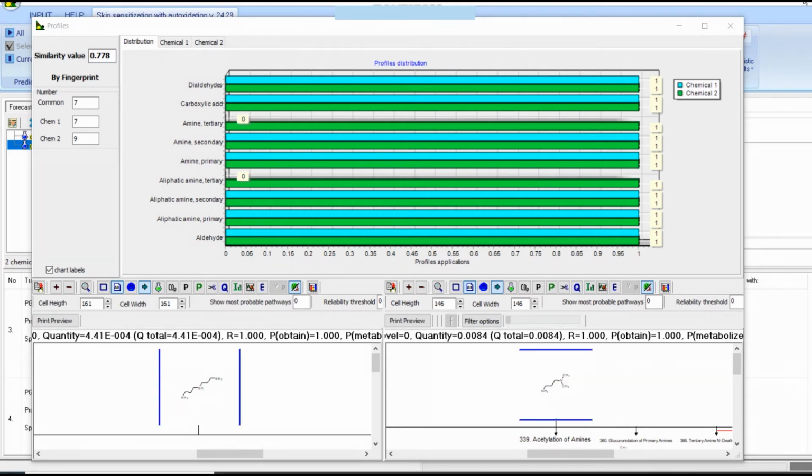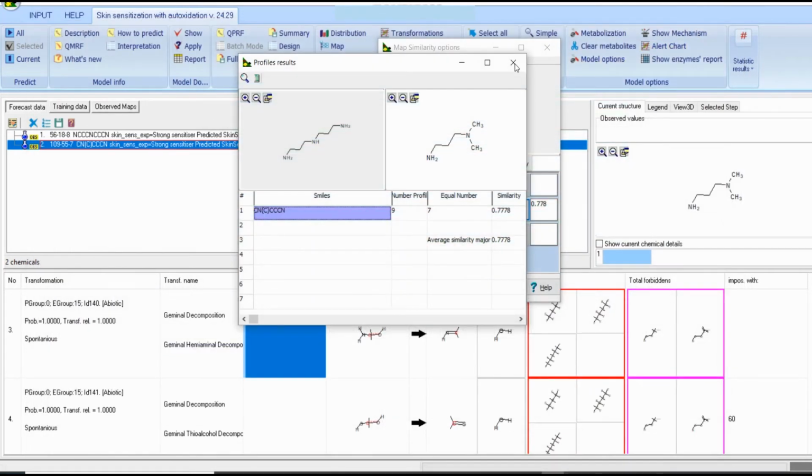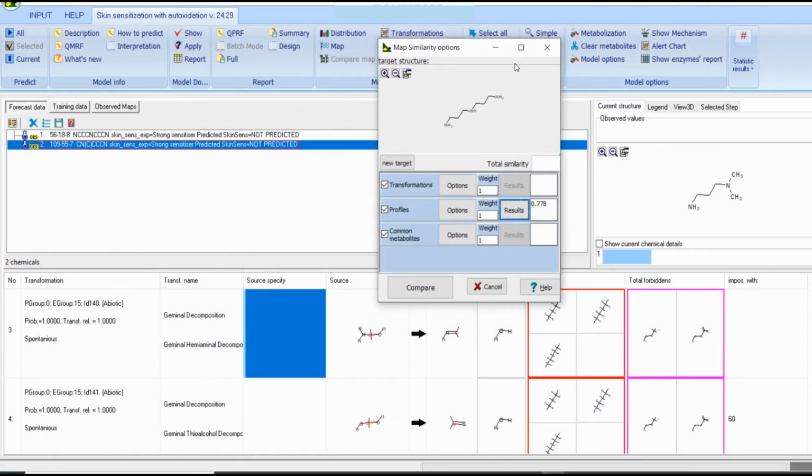Now, let's close this and compare these two amines with respect to their mechanistic consistency with respect to skin sensitization. Again, we'll use profilers from Toolbox.